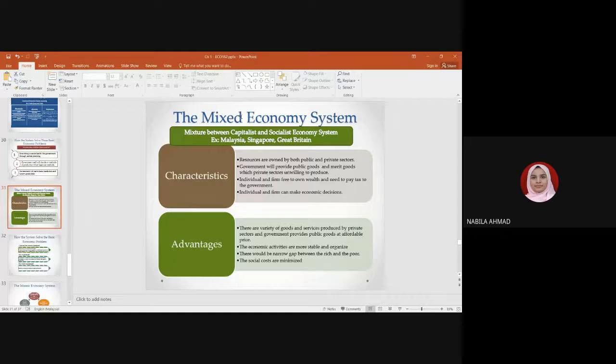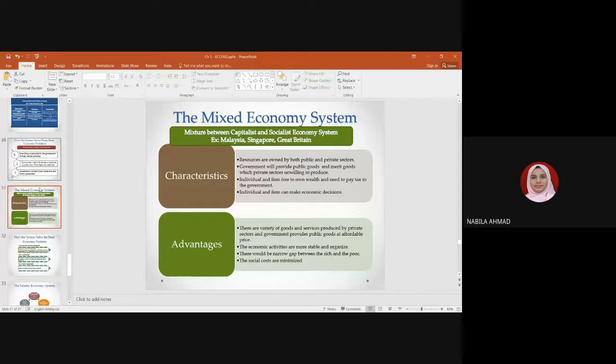So apa yang berlaku, negara itu akan macam lebih kurang ke arah socialism. So semua ditentukan oleh kerajaan sehingga kan negara itu susah untuk maju. Ya, susah juga untuk maju. Ada juga negara-negara yang walaupun mixed economic system tetapi dia lebihkan kepada ke arah socialism sebab government yang tentukan semuanya.